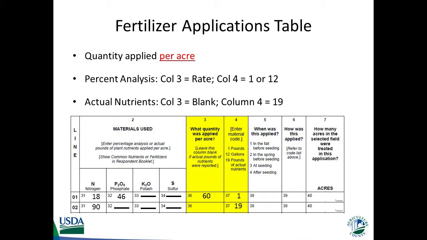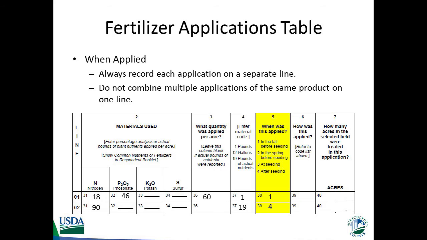In that case, we'll put in column 2, 90 under nitrogen, dashes under the other 3 columns, and we will leave column 3 blank, but put a 19 in column 4.